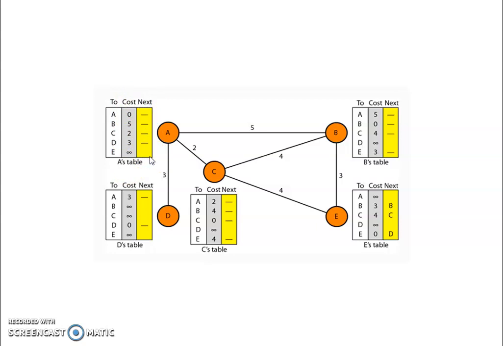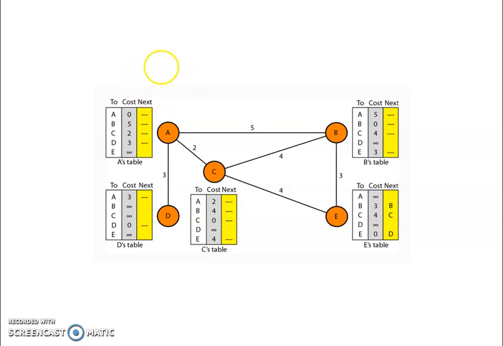Initially, the first step is the initialization step, and each node sends a message to its immediate neighbors and finds the distance between itself and these neighbors. And the distance for any entry that is not an immediate neighbor is marked as infinite.